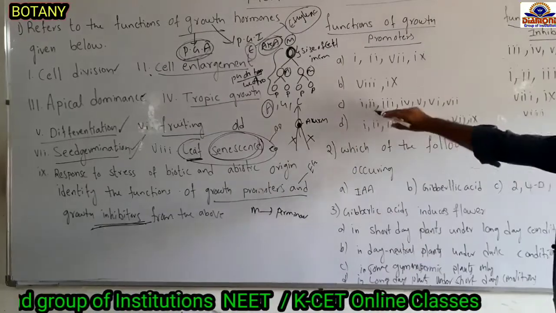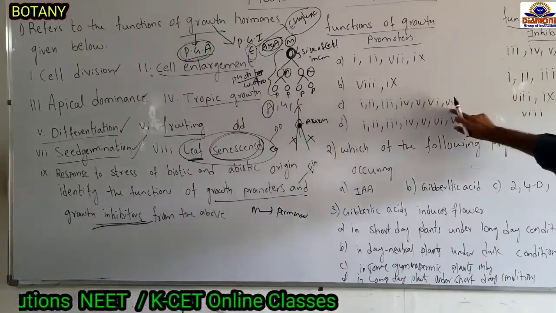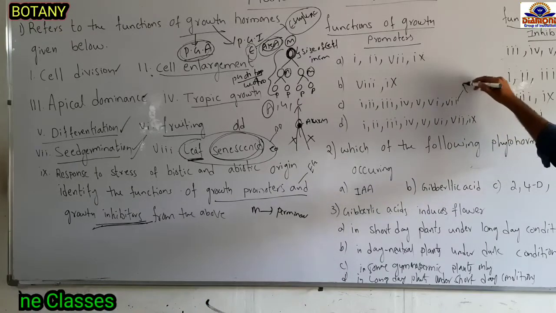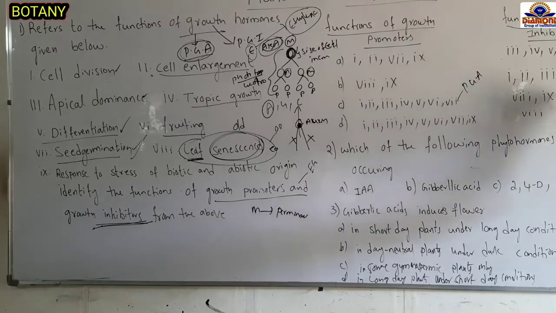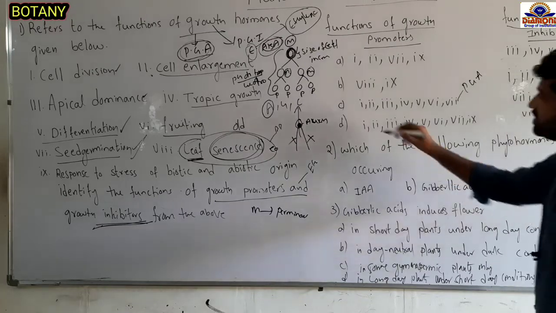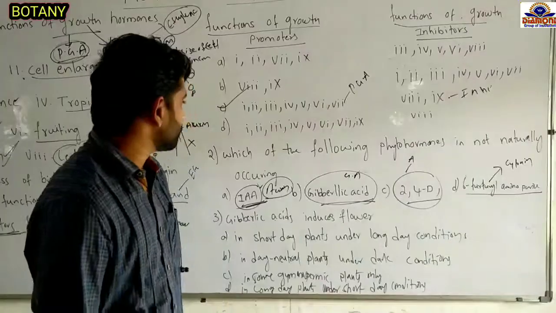So 1, 2, 3, 4, 5, 6, 7, up to the 7th are plant growth activators. 8 and 9, these two, are plant growth inhibitors. So the answer is C. Yes, next question.